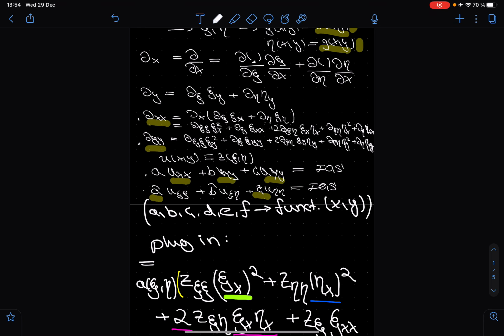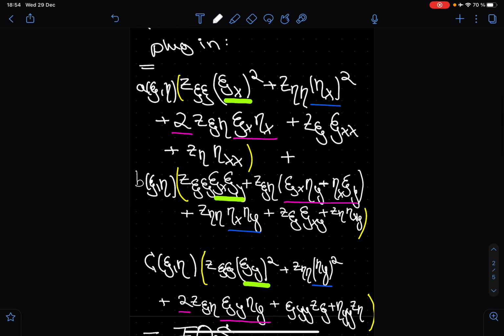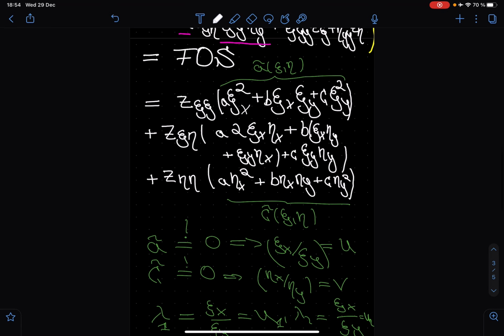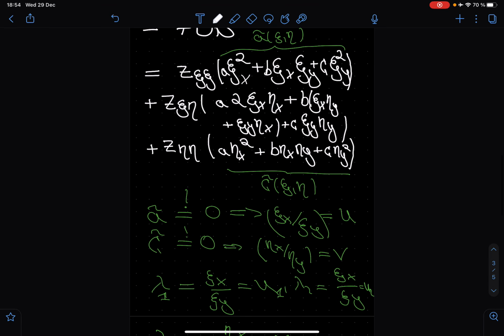I'm plugging in those derivations into these coefficients. Then I'm sorting all the new functions, ξ, η, and so on. In this case, z η. Here, and here. It's all sorted.